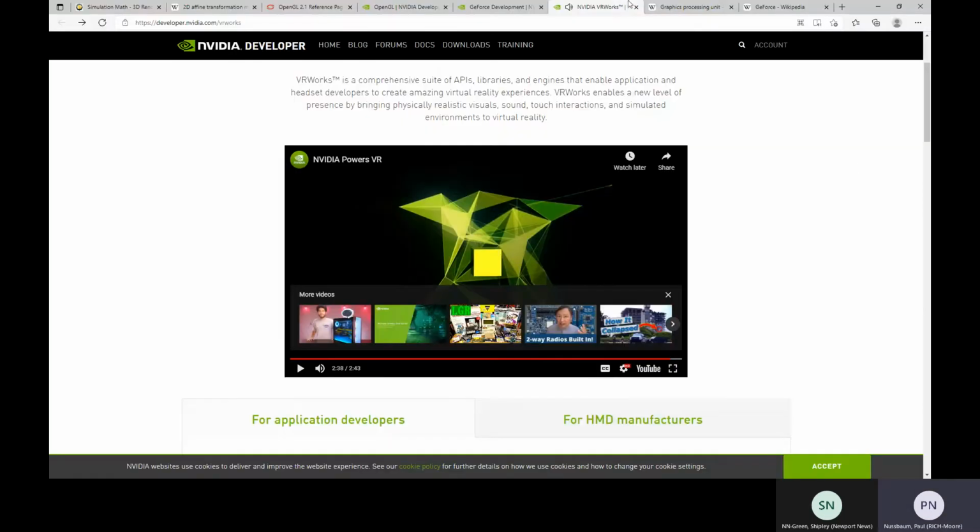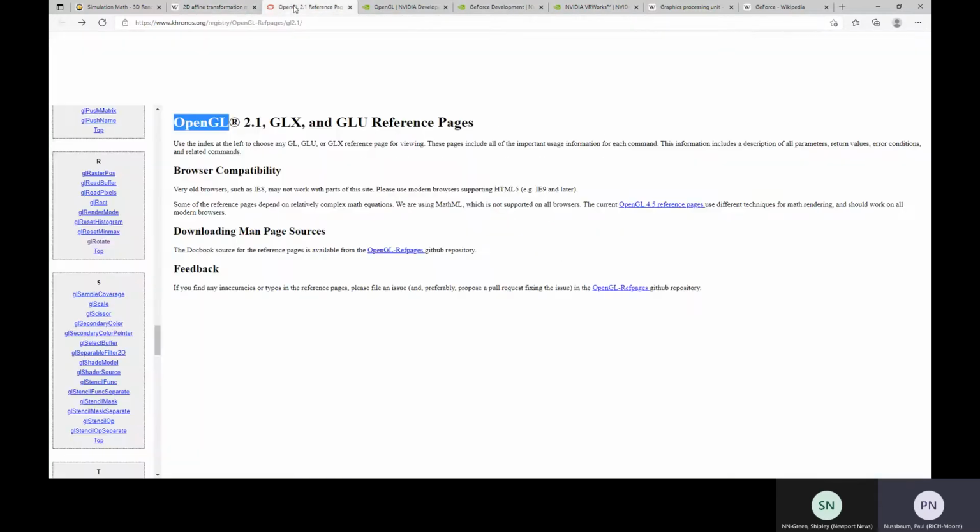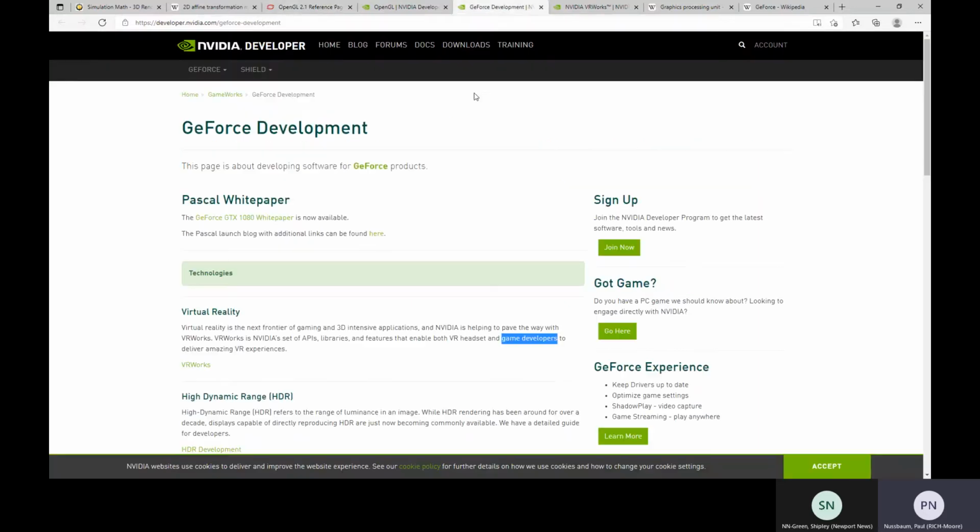So that's really showing that for virtual reality, using this OpenGL interface, this application programming interface, that's not enough. They would like you to use the GeForce virtual reality VRWorks application programming interface, or API.